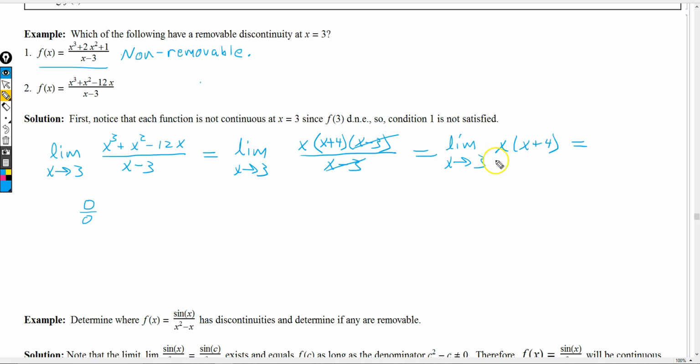And now I can just plug the 3 in for the x's. I get 3 times 7 or 21. So this function has a removable discontinuity because the limit does exist. So this has a removable discontinuity at x equaling 3.